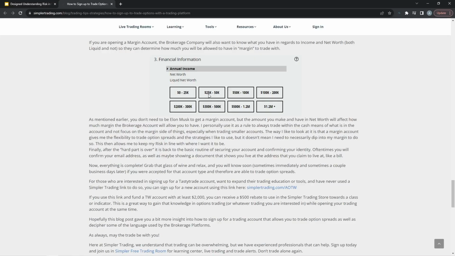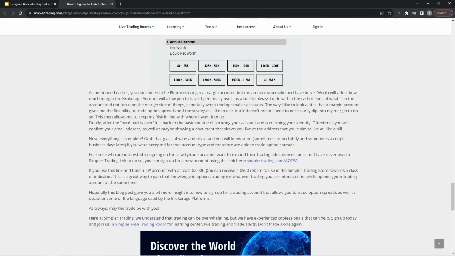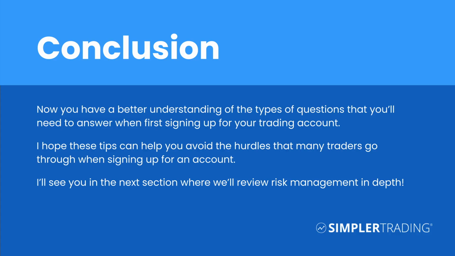It just might mean that you're not given a lot of margin to trade by the brokerage platform. And once again, that's fine. Like I mentioned earlier, you don't have to technically touch the margin in order to open a margin account and trade option spreads, for example. So please keep that in mind. But make sure you, of course, answer truthfully with that. And that is usually all the questions that they end up asking you.